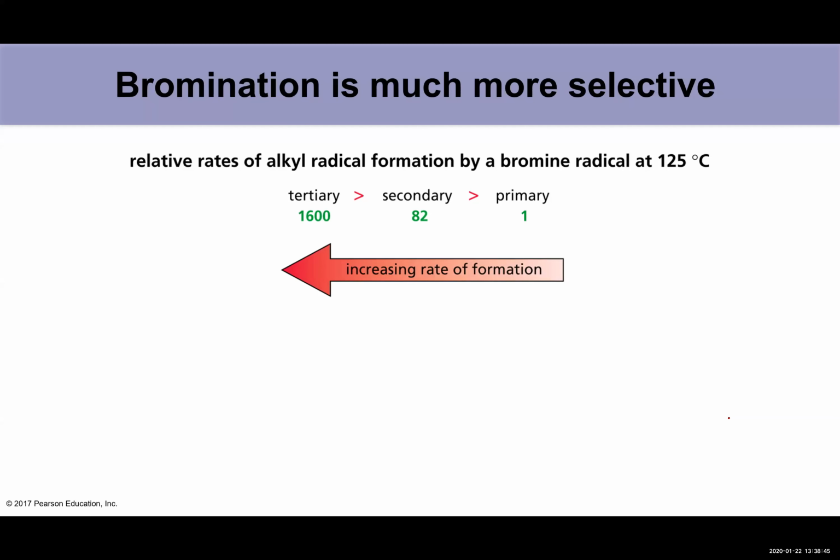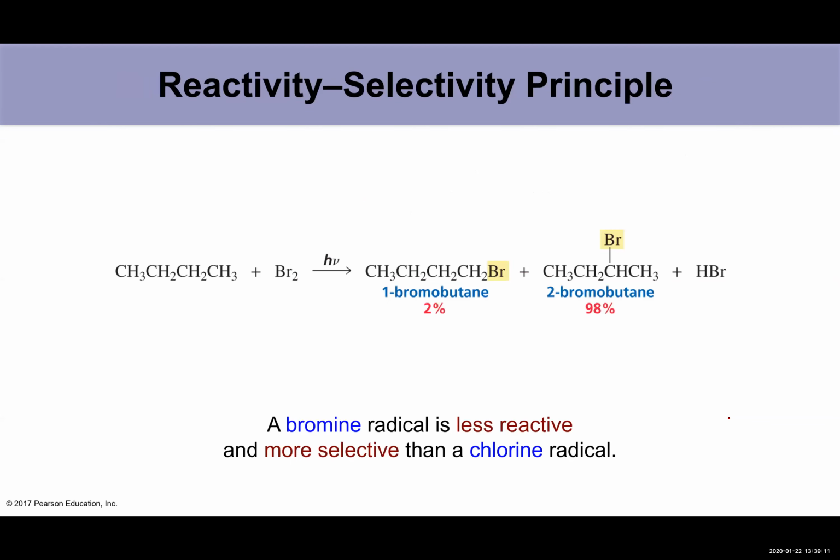Now look at bromination, right? Now bromination is not as fast a reaction, so you have to heat it up a little bit. 125 degrees Celsius, that's a little bit, all right? Tertiary is now 1,600 times more reactive than a primary. It means 1,600 times faster. Secondary is, right, 82 times faster than a primary. So when you do a bromination reaction, 98% of the product is here already.